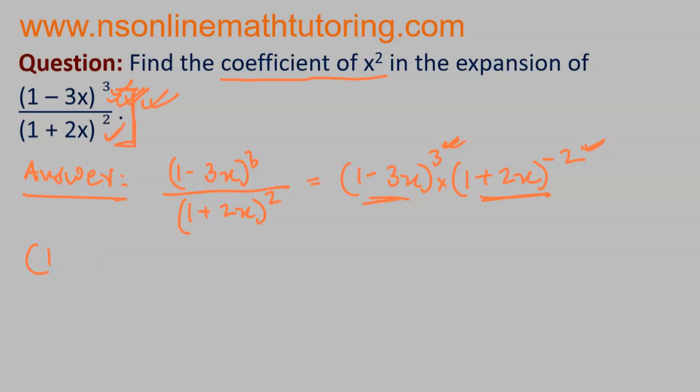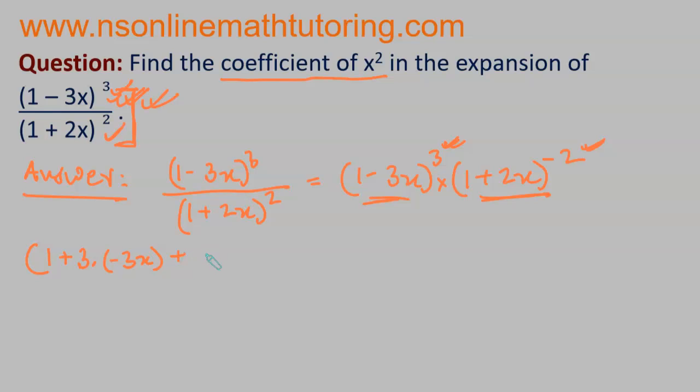So the first term will be 1. Second term will be 3C1, which is 3, times 1 raised to the power of 3 minus 1, that is 1 square, which is 1, times (negative 3x) to the power of 1.